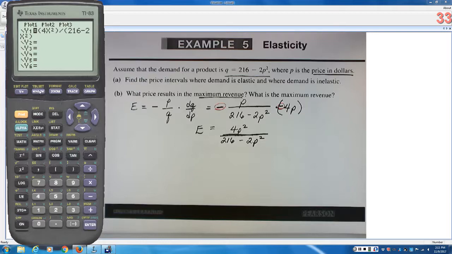And we'll set up our table to auto. So we'll start with one unit and see what happens.